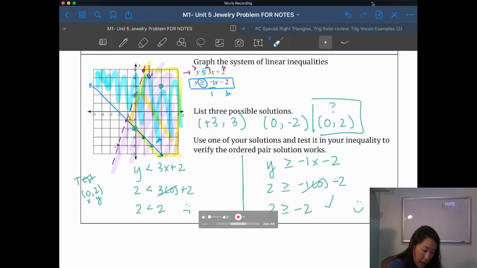So is 0, 2 a solution to our system of inequalities? No, it is not. We need to choose another point. It's not because it was on the dotted line, remember? Okay, this over here, that is the solution. 5, comma, negative 5.